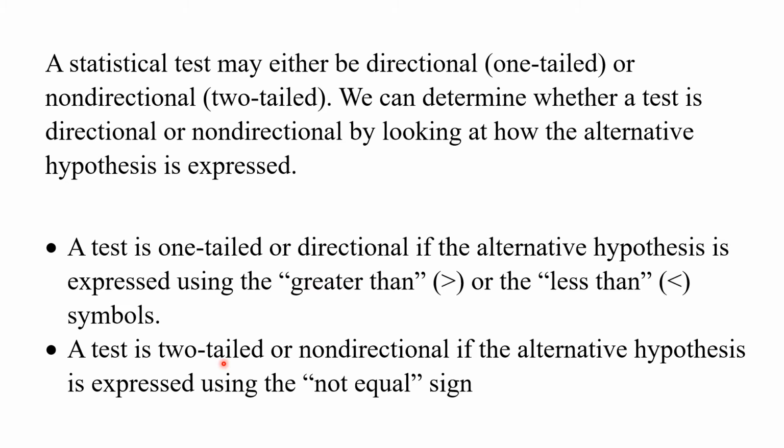Okay, then next, a test is two-tailed or non-directional if the alternative hypothesis is expressed using the not equal sign. Okay, so kapag nakita nyo na yung ating alternative hypothesis is not equal sign yung ginamit, automatic, that is two-tailed test or non-directional test. So, ganun lang yung titingnan para ma-identify kung anong test yung ating gagamitin.